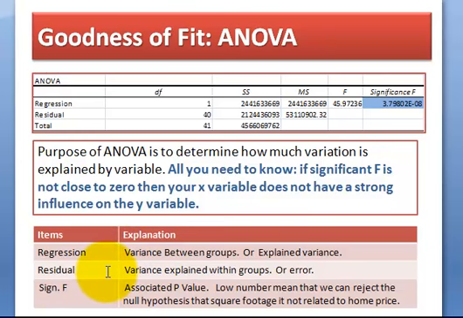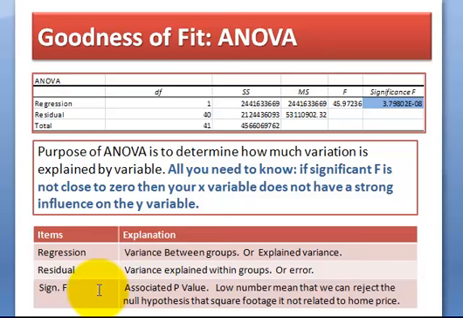If a lot of the variance is caused by the residual or the error, then there isn't a strong correlation between the two. So what we're looking at is the significance F. Now, sum of squares and mean squares, and F is an F test, but unfortunately the F test isn't worth a whole lot for us without the test statistic for F. But the significance F basically gives us the p-value.